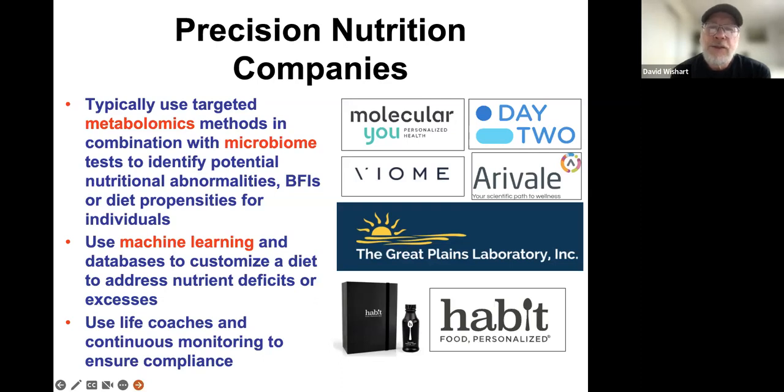But then they'll also use their own databases as well as machine learning to help customize diets to address either nutritional deficits they see or the excesses, or to modify their diet to make people a little more responsive to certain types of food or nutritional interventions. Many of these companies also use life coaches, and they also use continuous monitoring, where people might be providing blood or urine samples on a weekly or monthly basis.